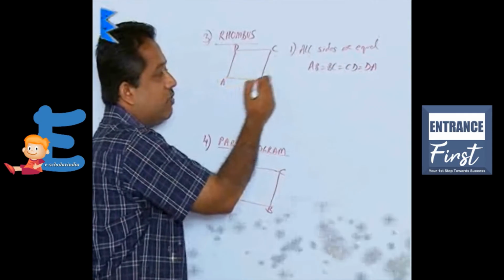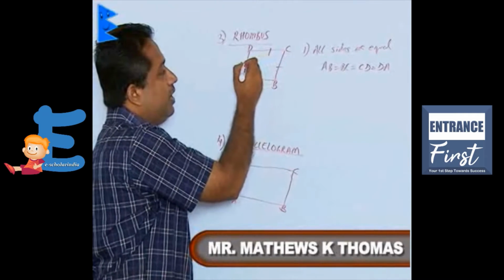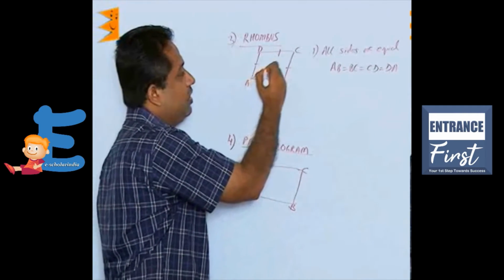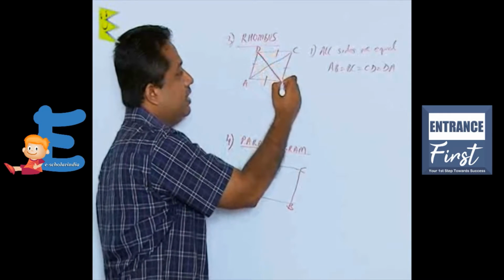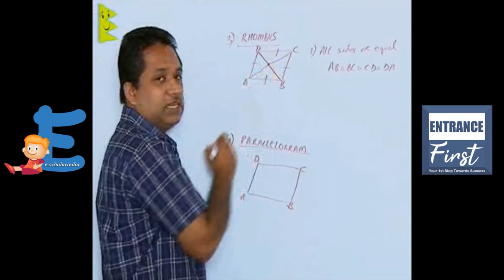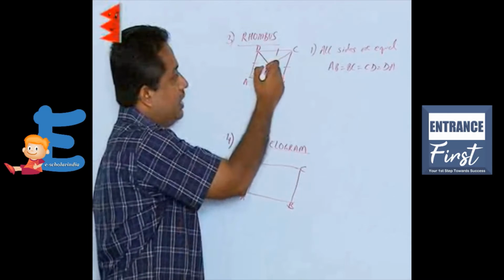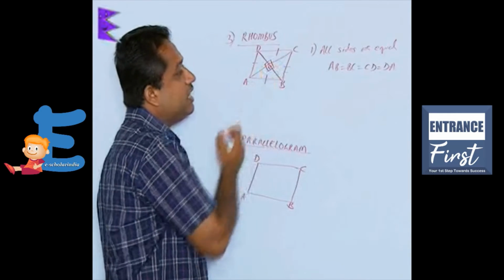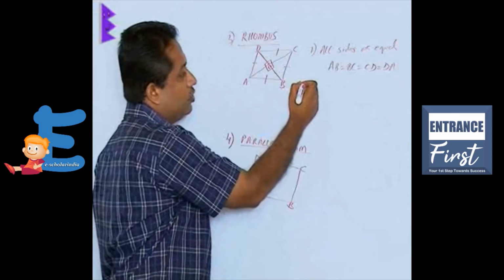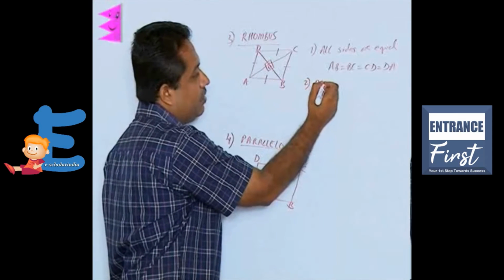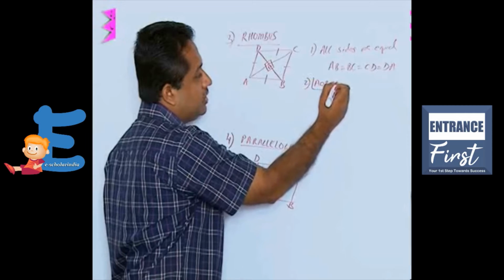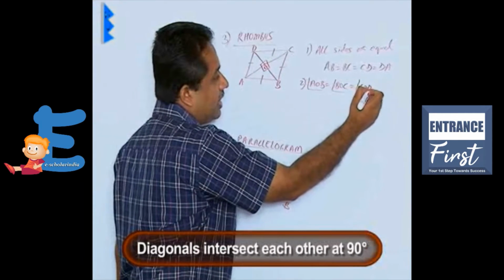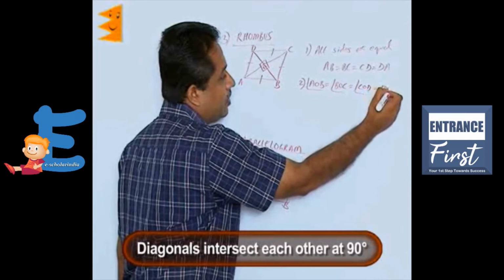Second property, if you observe in a rhombus, if I join the diagonals AC and BD, they are going to intersect, let's say at a point O, and like a square, they are also going to intersect each other at 90 degrees. So here we can say second property of a rhombus, that diagonals intersect each other at 90 degrees.